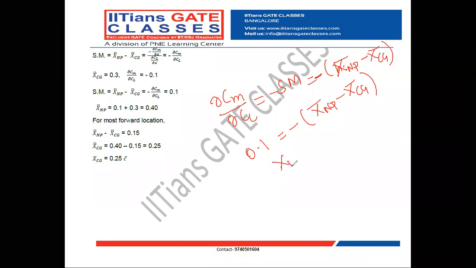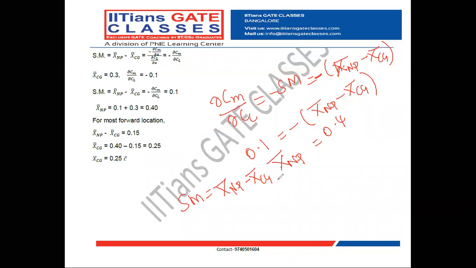Neutral point location is 0.4, because we know the CG value is 0.3. Substituting this, the x_np value, neutral point value, is equal to 0.4. So static margin is nothing but x_np minus x_cg.